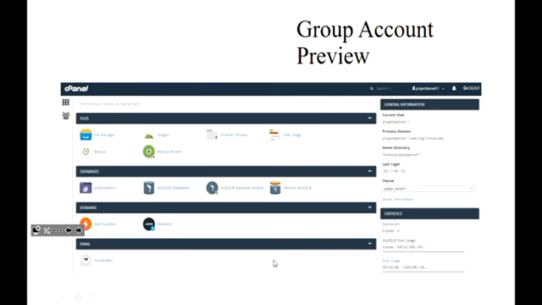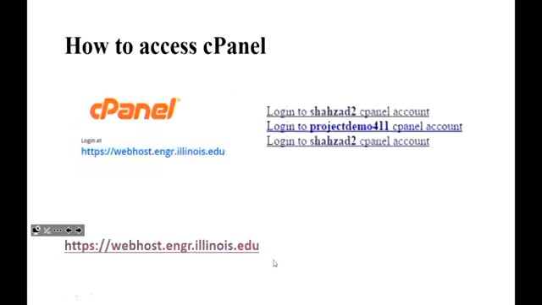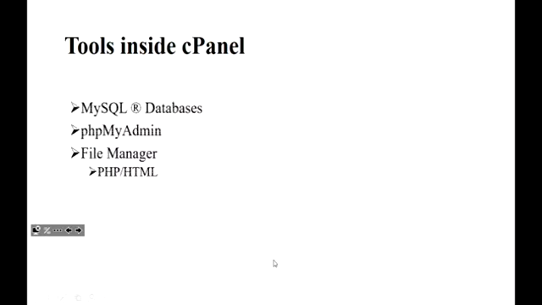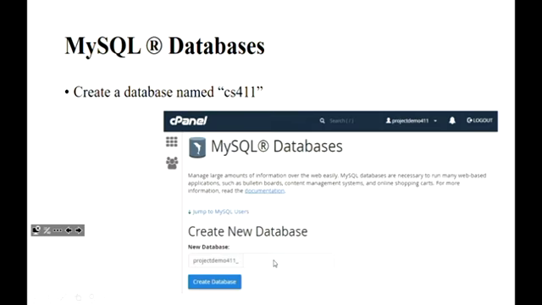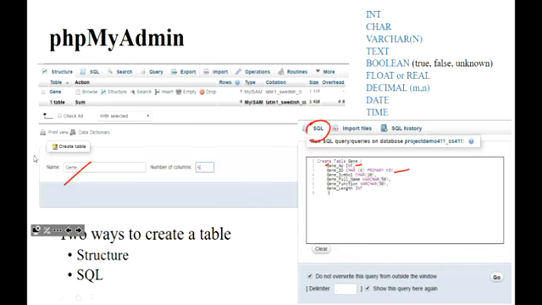Otherwise, you can use the structure function here, and then add a table name, gene, and then number of columns, 6 columns. So how can we create this table? By writing an SQL query.